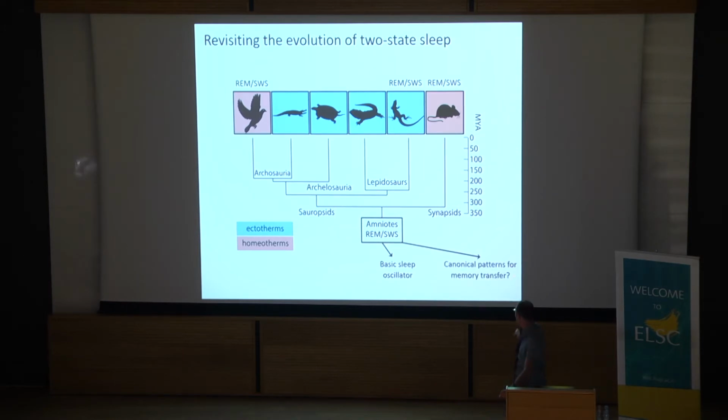Another thing we are interested in, I mentioned, is the patterns of memory transfer. While in mammals it's mainly studied the interaction between hippocampus and cortex, maybe this is a generic thing. If you want to move information from one brain area to another brain area, and in our case we see this between the DVR and the cortex, maybe you need a specific type of neural organization.